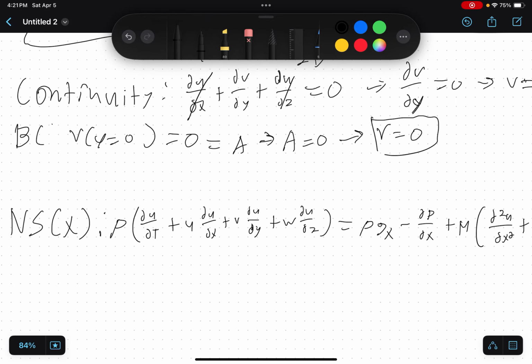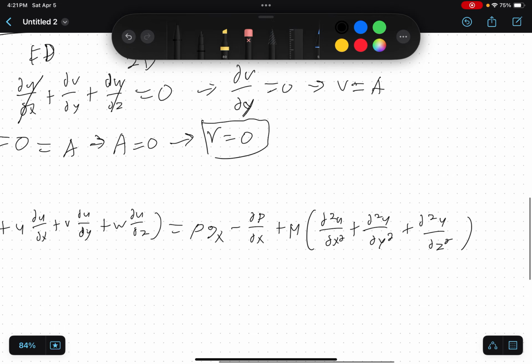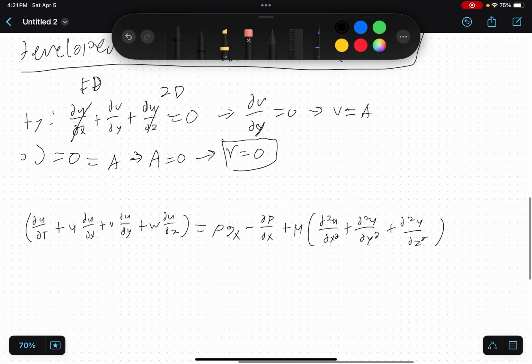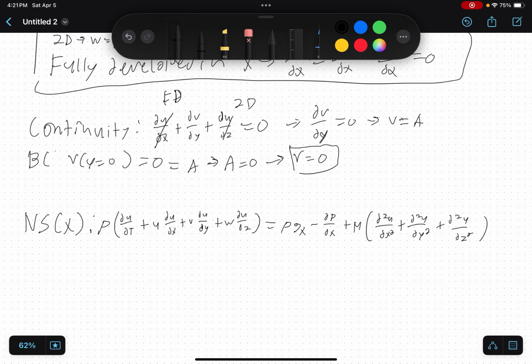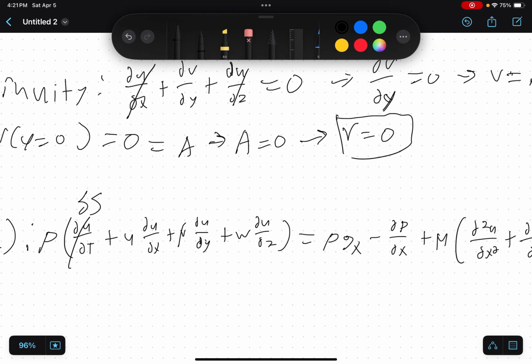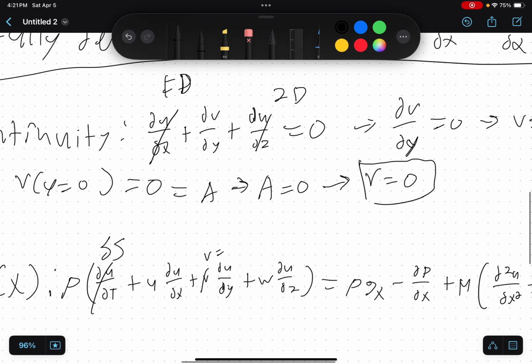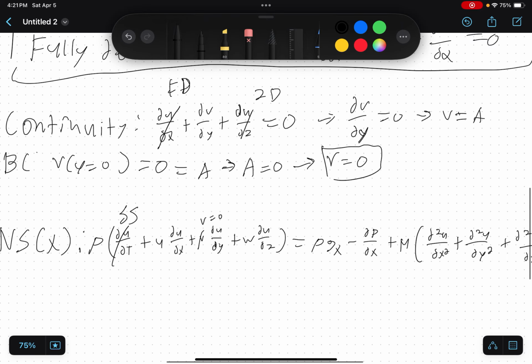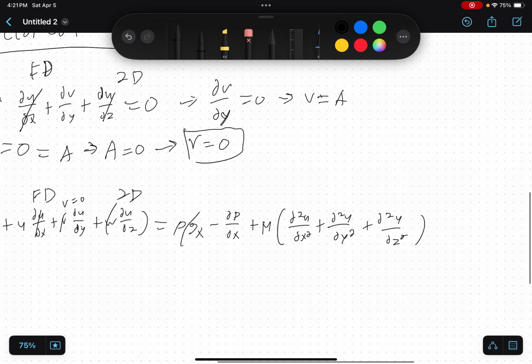Yep. Okay, that looks right. So what can we do? Let's get our assumptions out of the way. Steady state. V equals 0. That's too many lines. I want to be able to see the thing. Fully developed 2D. No gravity in that direction. We have a dp dx.